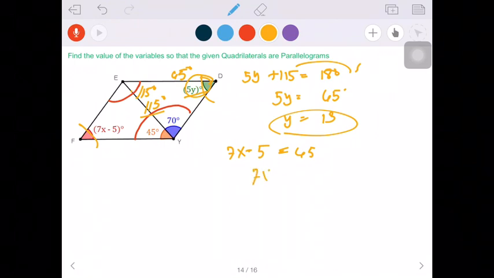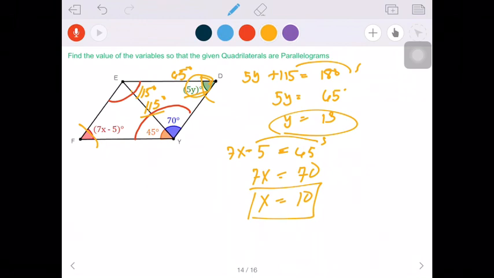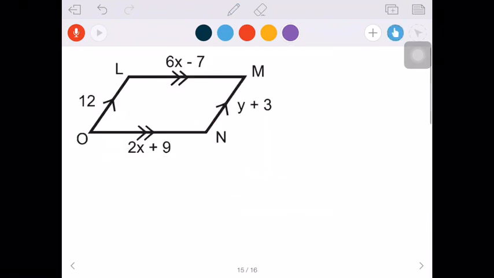So here 7x would be 70 because of the plus 5, and x is equal to 10. Do I need to solve for 7x minus 5 in terms of the value of x? The answer is no. This is actually 65 degrees. But still, the instruction tells us to find the value of the variables, therefore x should be solved. Let's go to the next.